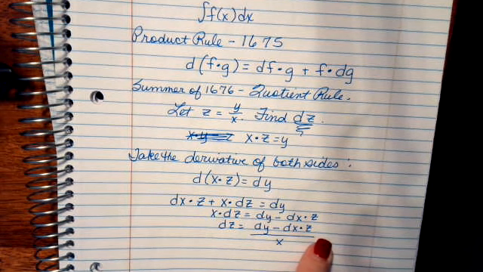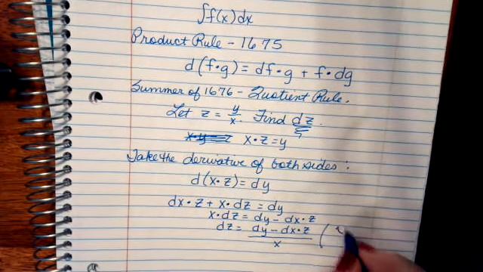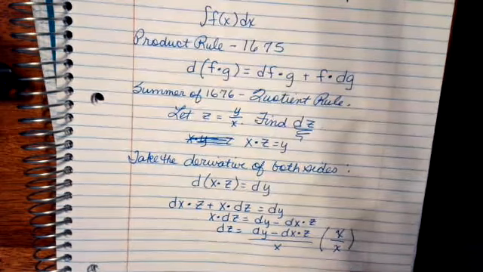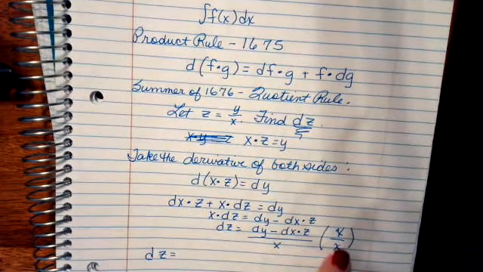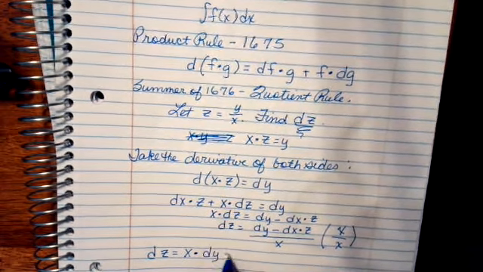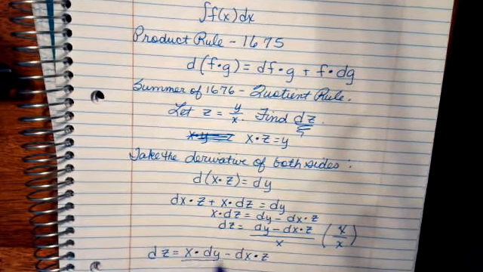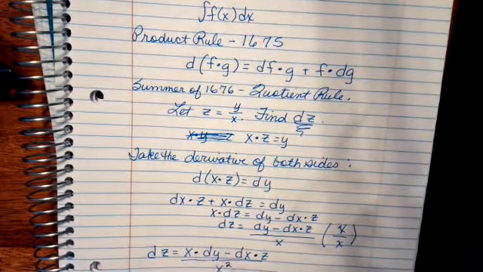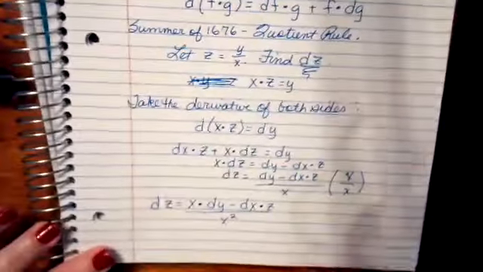Right? And on the right-hand side, I'm going to multiply that fraction by x over x, and I'll get dz equals, in the numerator, x times dy minus dx times z, all over x squared. And there's your quotient rule.